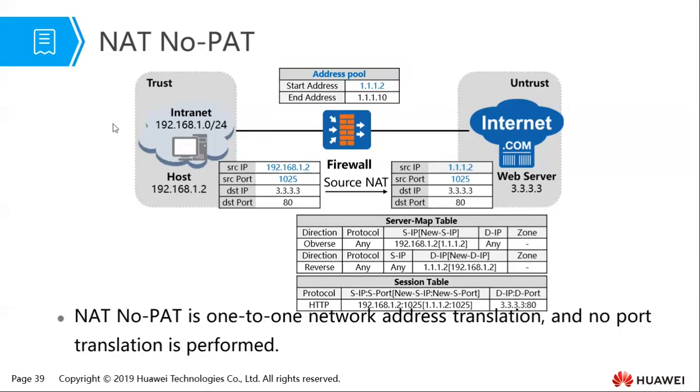Oh, sorry. So this is how the server map table is going to look, and this is how the session table is going to look. So you see, if you're coming from that person going to that person, then we've mapped you, for example, to that.